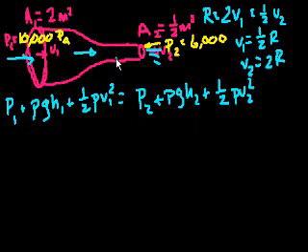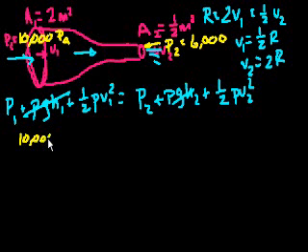Well, this pipe is level, right? The height at either end is the same. So h1 is going to be equal to h2, so these two terms are equal and we can cross them out. We can subtract that value from both sides, and we're just left with P1. And what's P1? P1 is 10,000 pascals, so let's start substituting numbers.